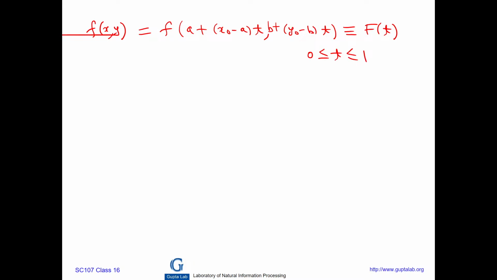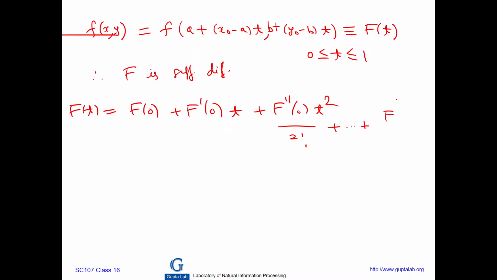If f is sufficiently differentiable, an assumption that has to be taken, we can write F of t as F of 0 plus F dash of 0 times t plus F double dash of 0 times t square by factorial 2 plus dot dot dot plus the (n minus 1)th derivative evaluated at 0 times t raised to the power n minus 1 divided by factorial n minus 1, plus remainder R n of t. Using the single variable Taylor series, I have expanded about the point t equal to 0.